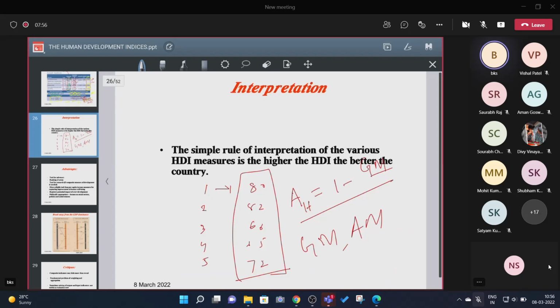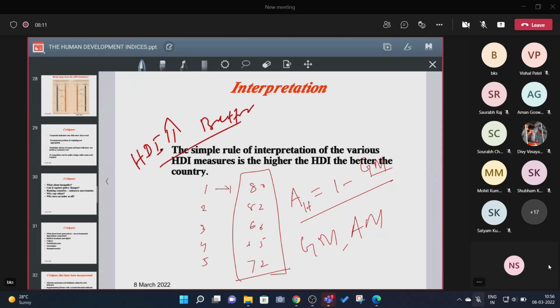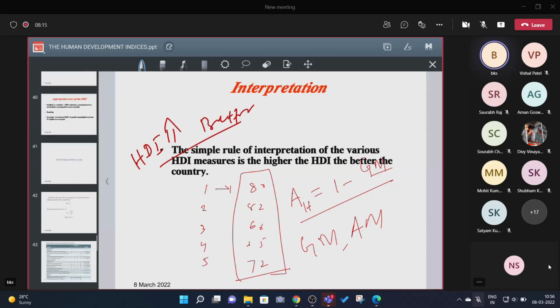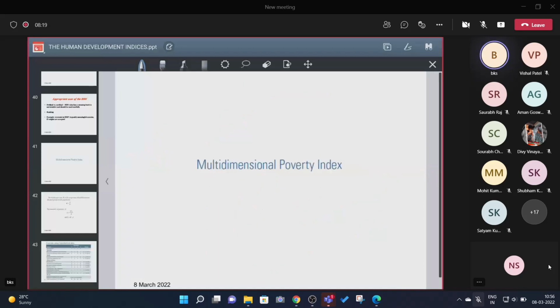So this is the simple way we can interpret our HDI. The higher your HDI, the better it is for the country. As I said, next what we'll discuss is multi-dimensional poverty, how we calculate this multi-dimensional poverty.